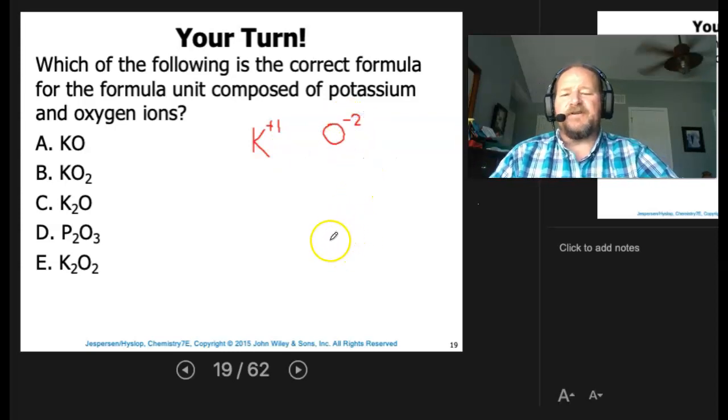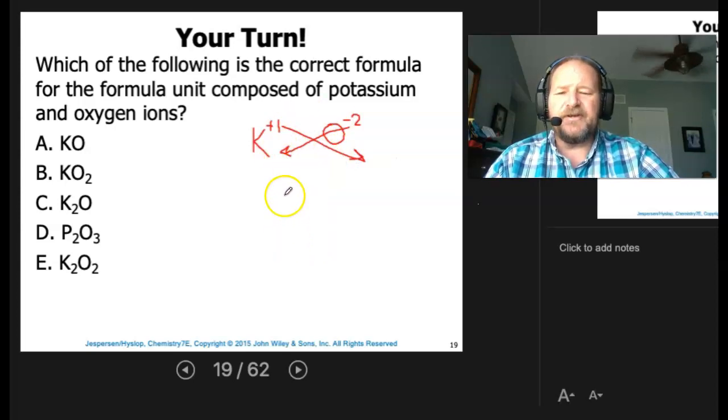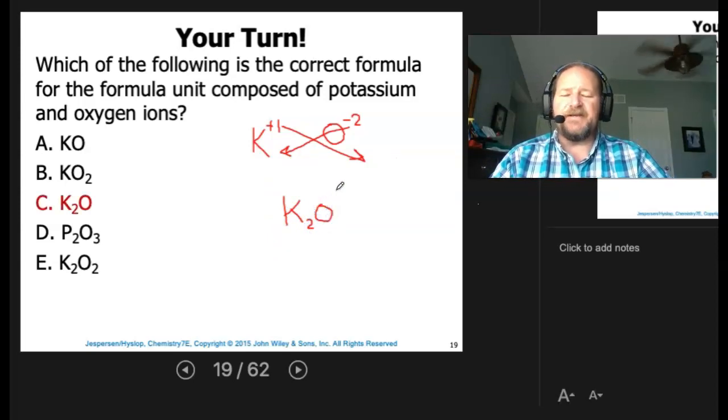Now I'm going to crisscross them. I take this 2 to the potassium and this 1 to the oxygen. I no longer talk about charge. I now have K2O, and therefore our answer should be C, K2O.